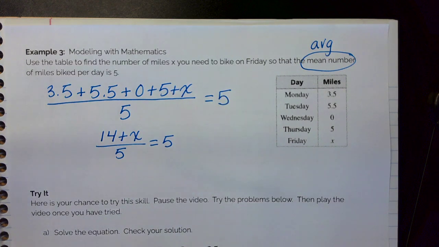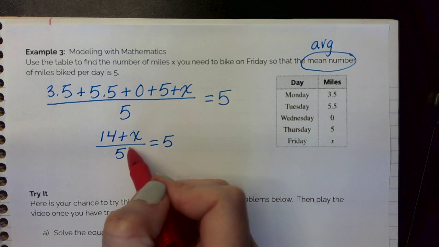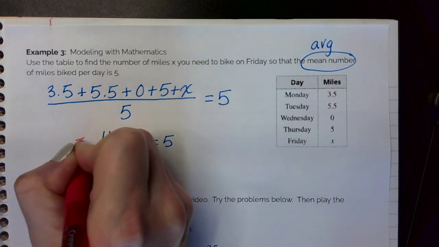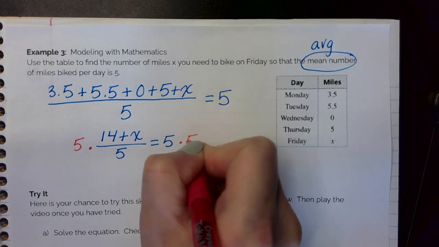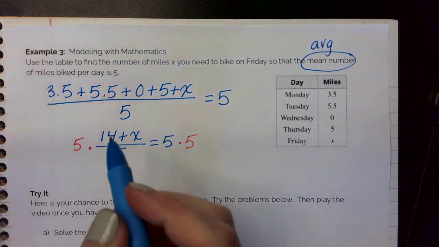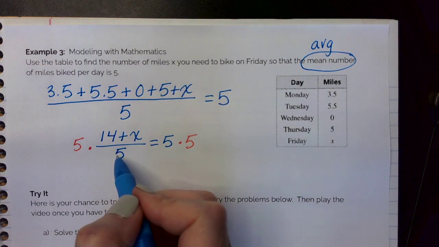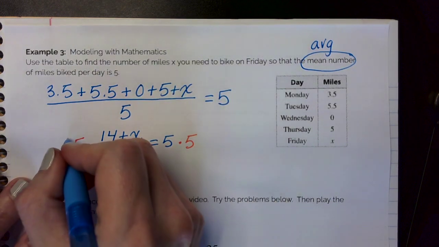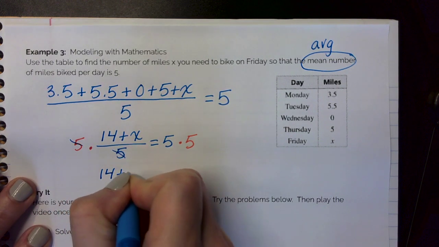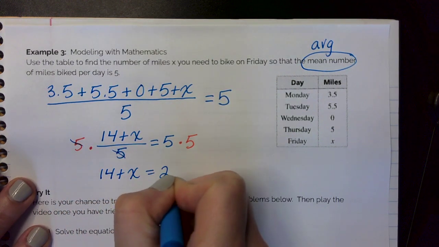We have simplified as much as we can. Let's start isolating the variable. I want to do the inverse of divided by 5, which is going to be multiply both sides by 5. I'm keeping the balance in the equation by doing it to both sides. 5 over 5, we'll get rid of this 5, and I'll be left with 14 plus x equals 25.